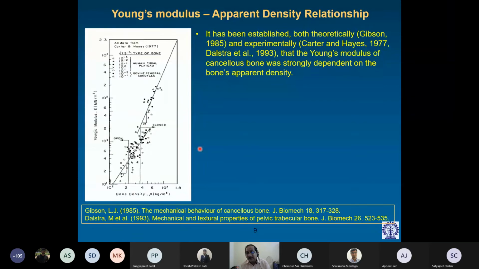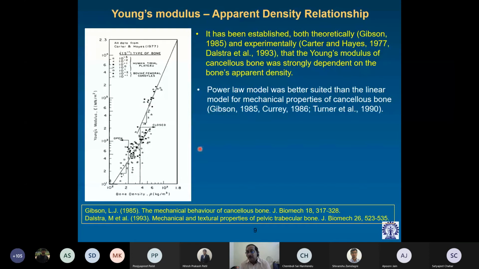We need the relationship for different types of investigations related to structural behavior of the pelvic bone. Now, it has been established, both theoretically and experimentally, that Young's modulus of the cancellous bone is strongly dependent on bone apparent density. So this is the first important conclusion over decades of research.